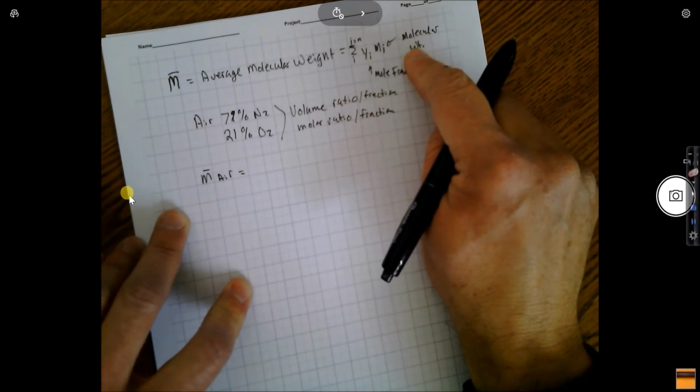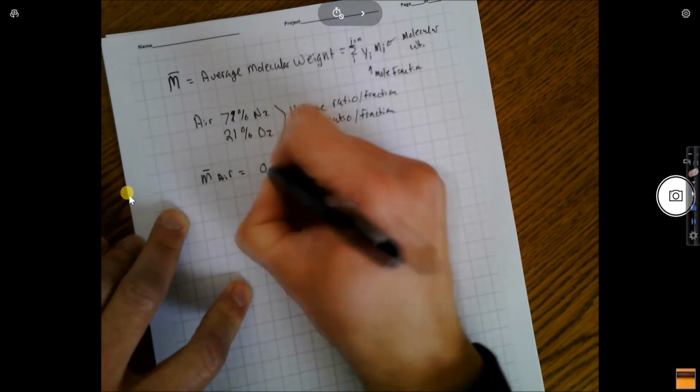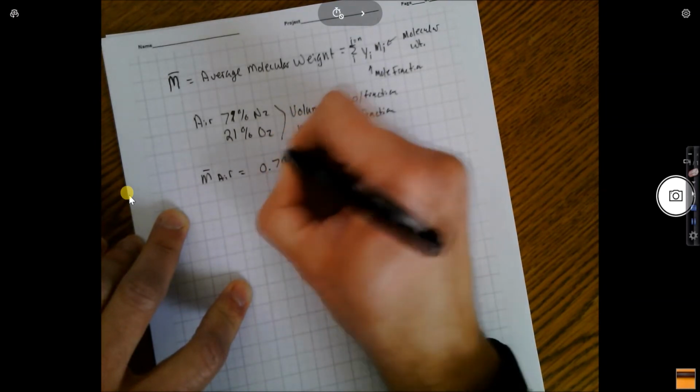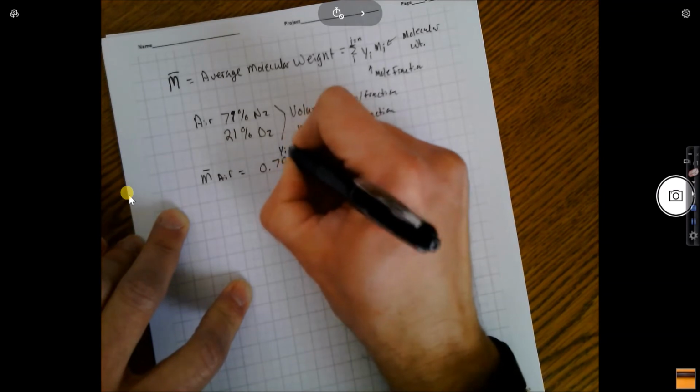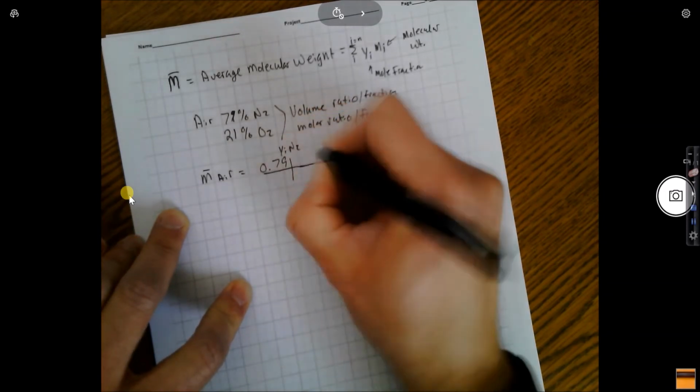To write that out quite simply, it doesn't really matter the units, but we'll just use kilogram moles for funsies. So 0.79, which is the mole fraction of nitrogen, times the molecular weight of nitrogen.